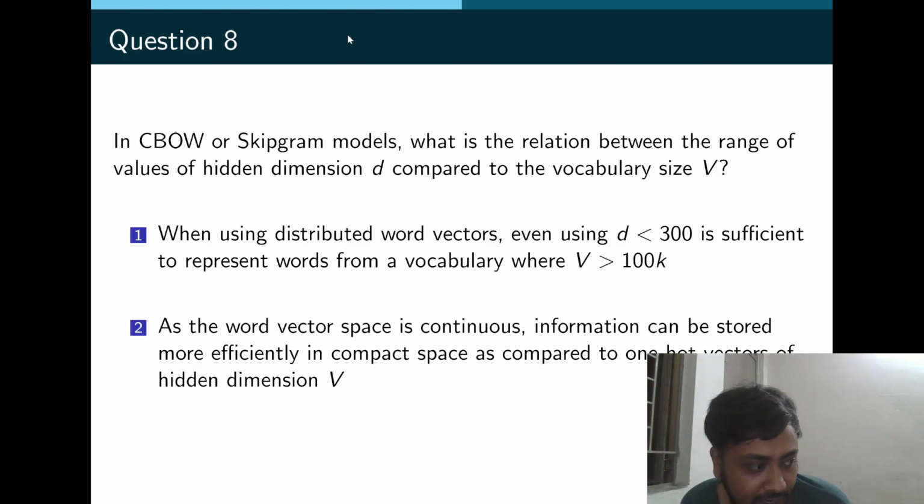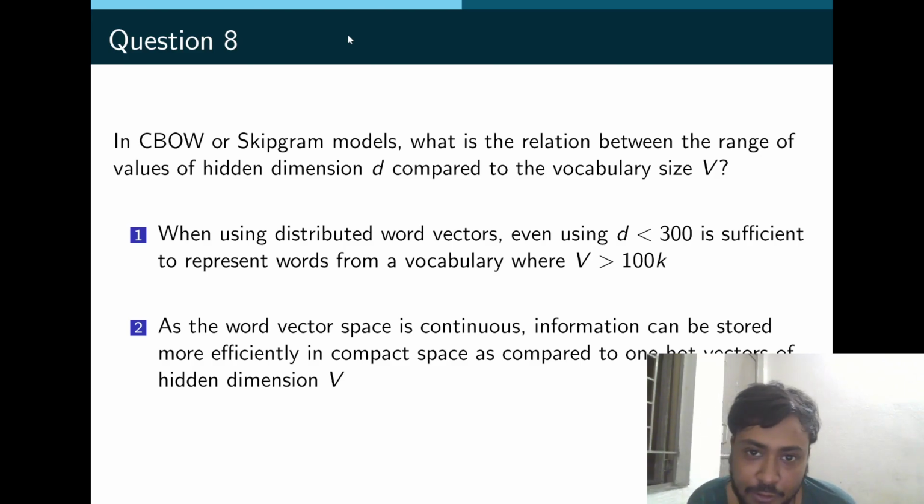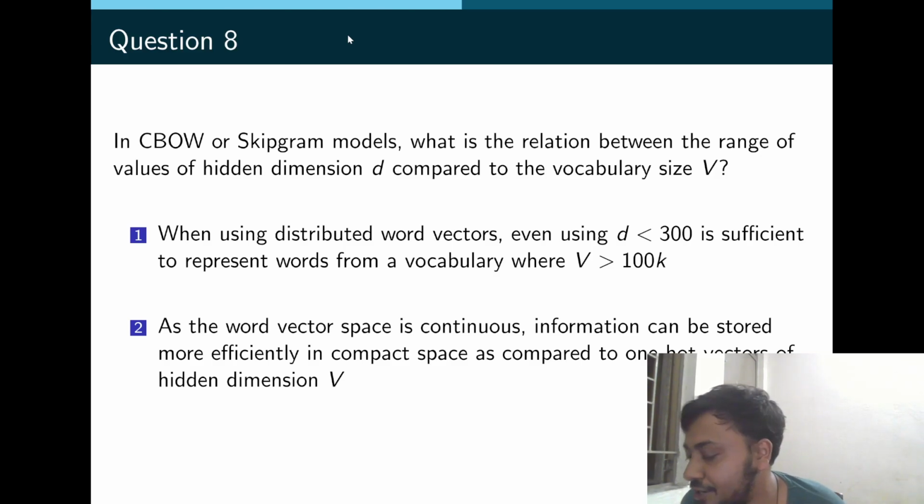But when you are using distributional models, the meaning of the word is conveyed by all the elements, and those elements can take continuous values, like from minus infinity to plus infinity. Every element in the word vector can range from minus infinity to plus infinity.